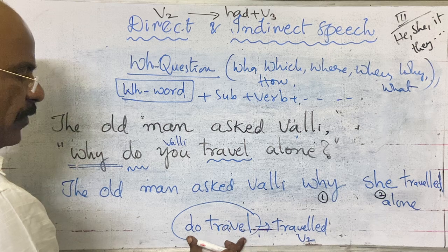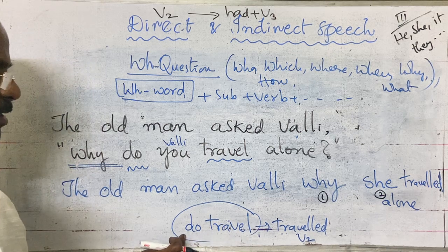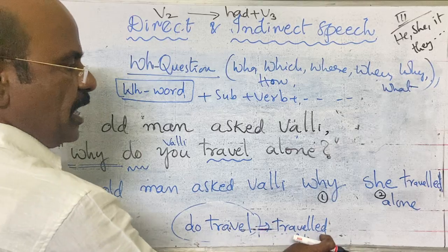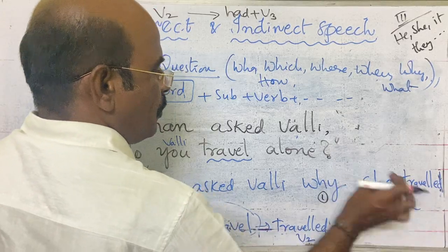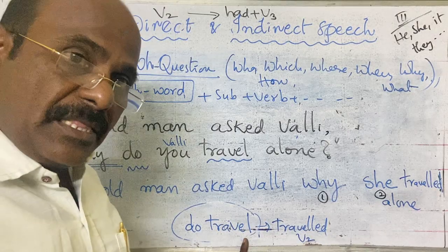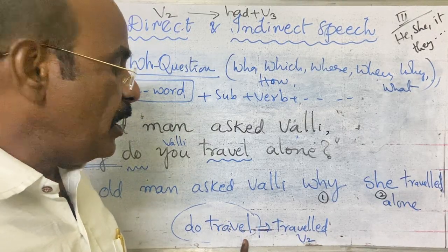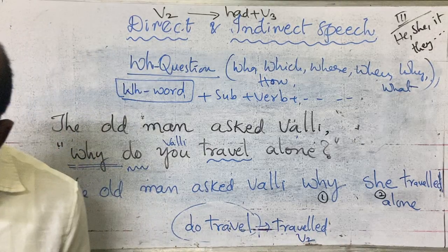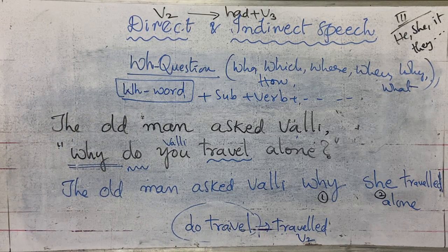Helping verb do is present tense, so here you take total present tense, writing into past tense traveled. She traveled alone. Suppose did travel is there, then you write had traveled. Now going to verify another example.